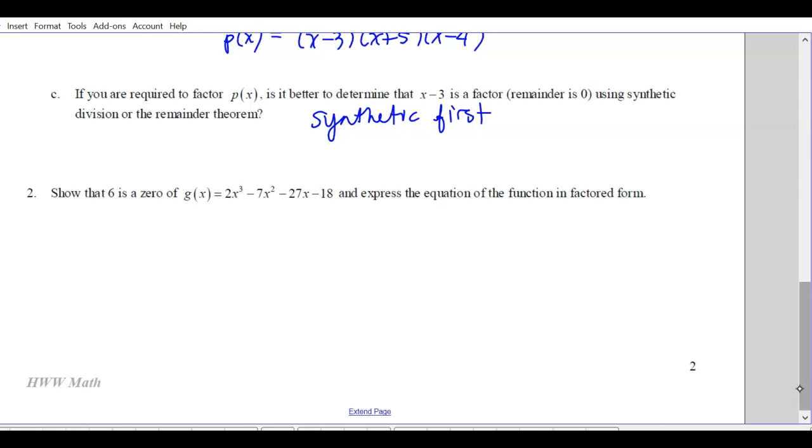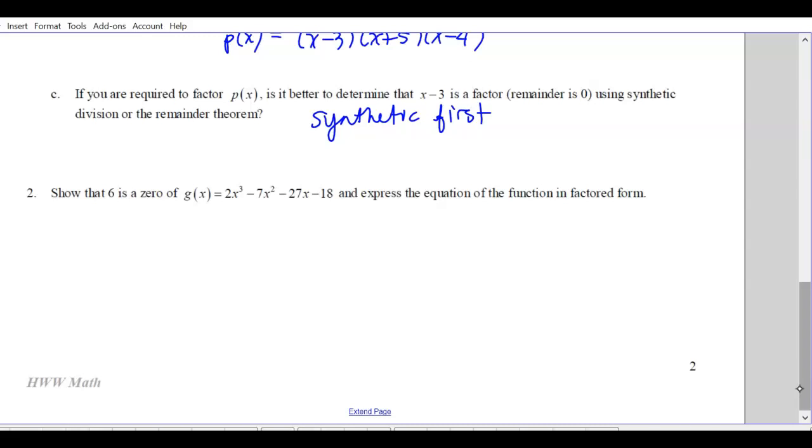So taking a look at this one, it says show that 6 is a 0 of that polynomial g of x, and express the equation of the function in factored form. If it just said show that 6 is a 0, I wouldn't use synthetic. I would just substitute it in. But it says express the equation of the function in factored form.